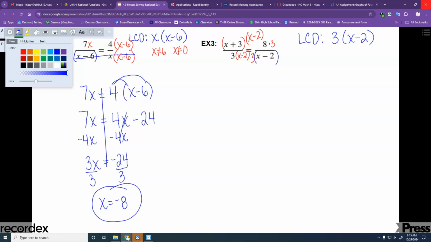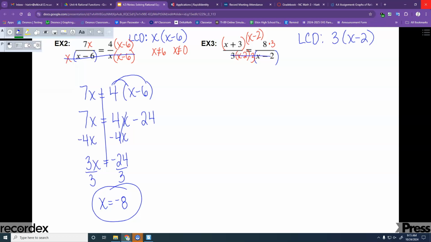We can cross them out. Because if the bottoms are the same, then the tops have to be equal to each other, right? So, in the top over here, I have x plus 3 times x minus 2. And that equals 24.